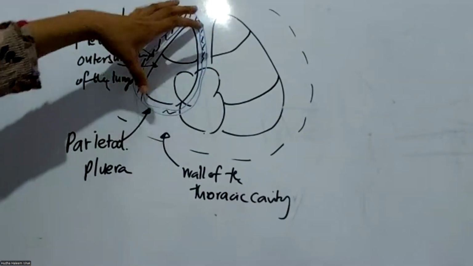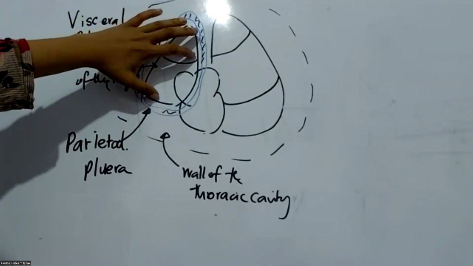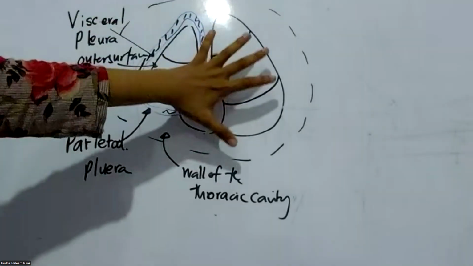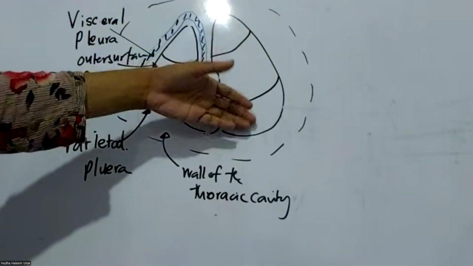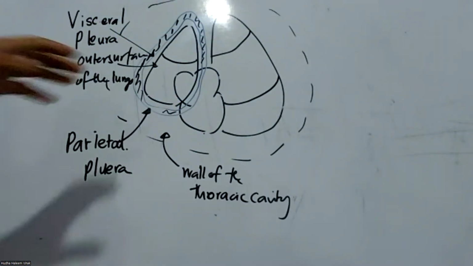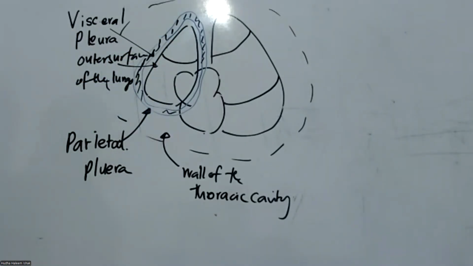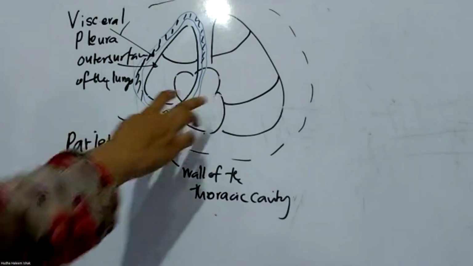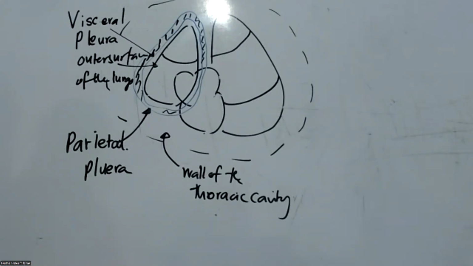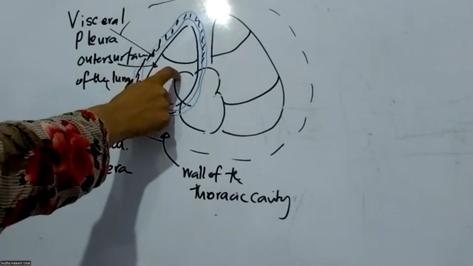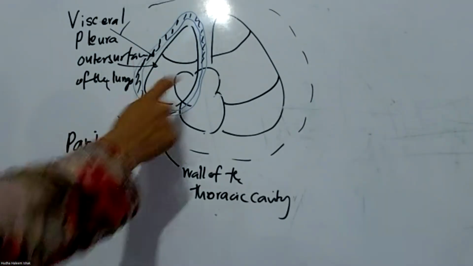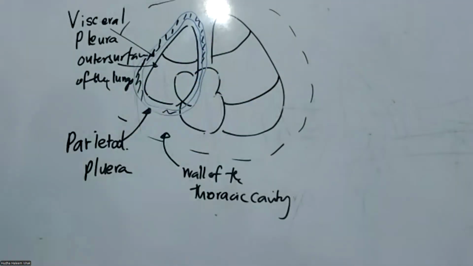So the size of the left lung is reduced, and the right lung is having a usual size, because it is not giving any space for anyone. The left lung has become small, and as it is small, it has only two lobes. But the right lung is having three lobes.